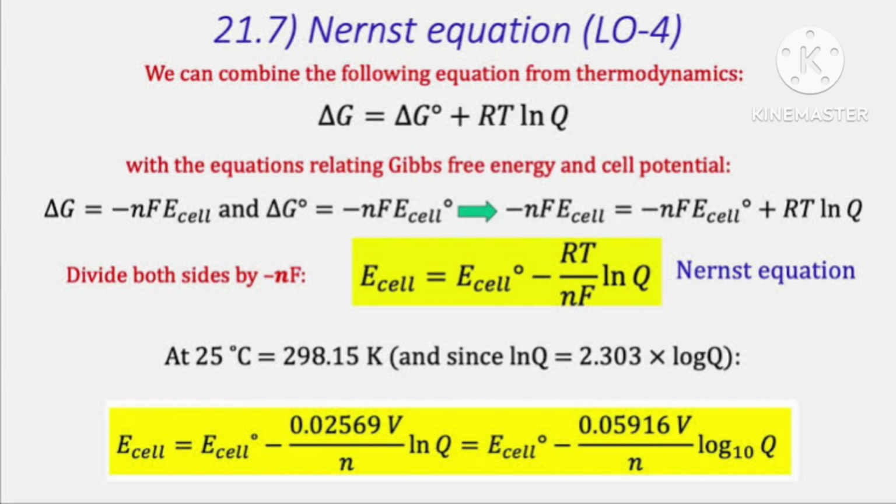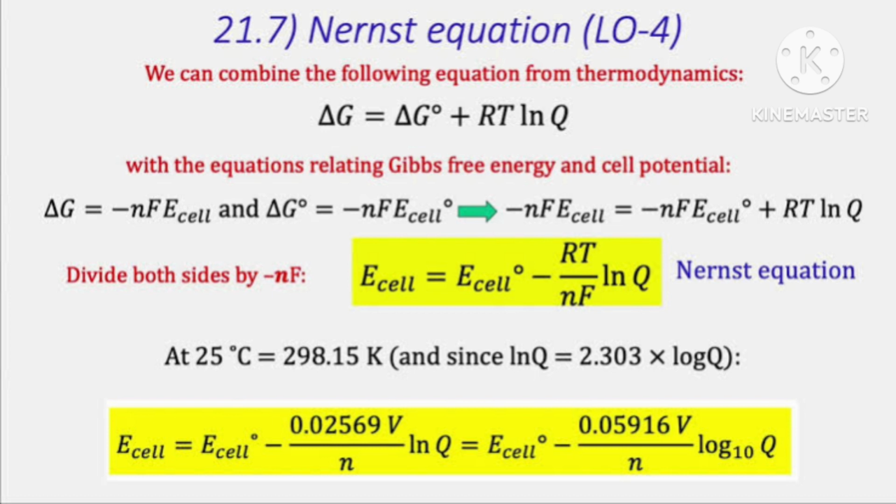Now according to the experiment you have seen that at equilibrium position E cell is equal to 0. In the place of E cell you write 0.